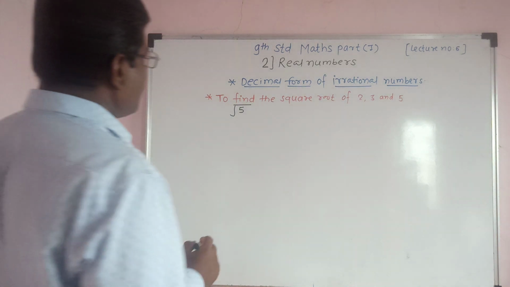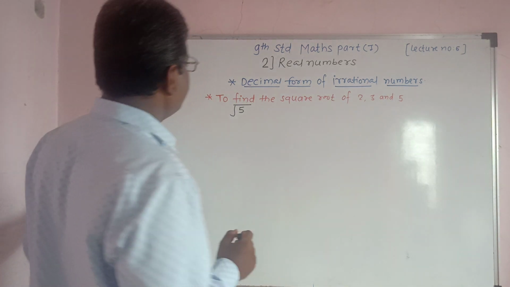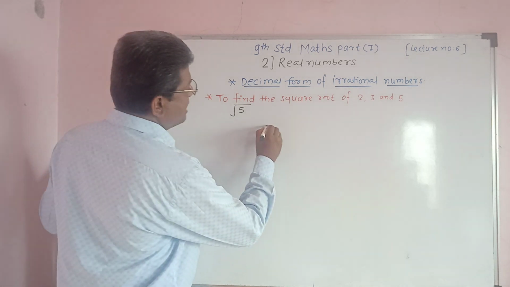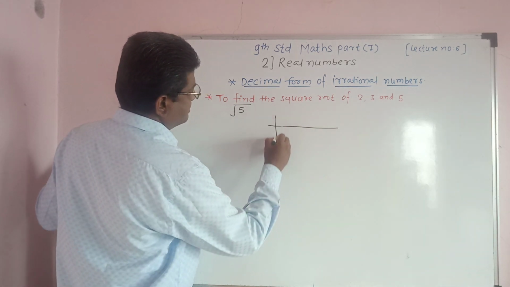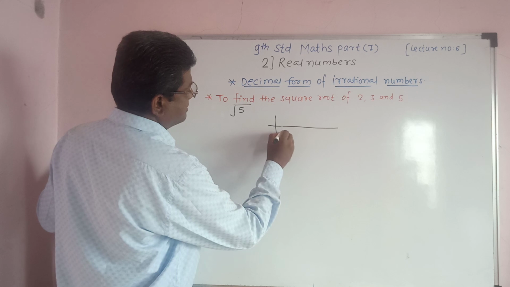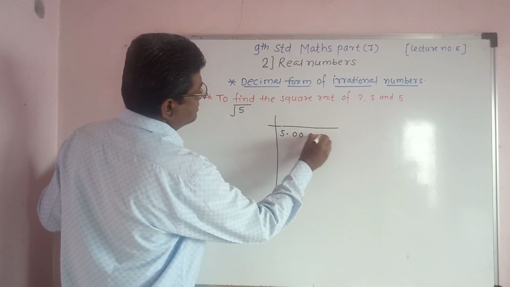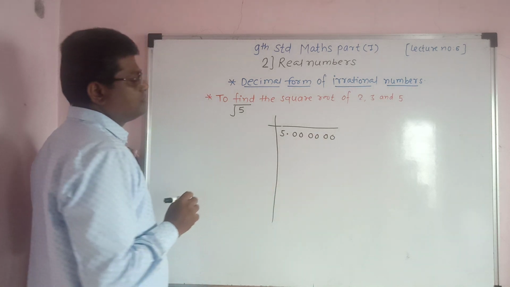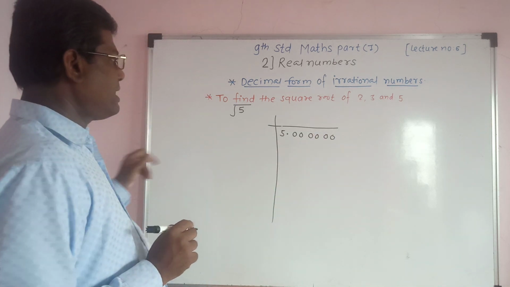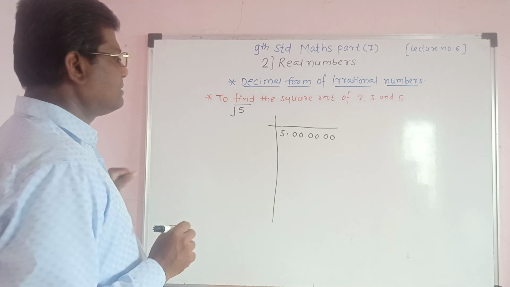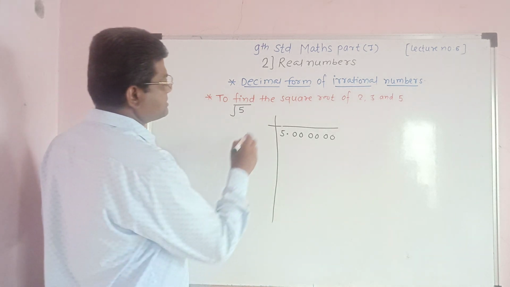Now let us see how to find the square root of 5. So write this 5 in the box. We take 6 zeros on 5, as we have to find the decimal form up to 3 decimal places.